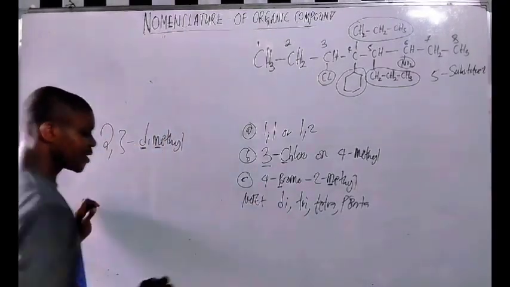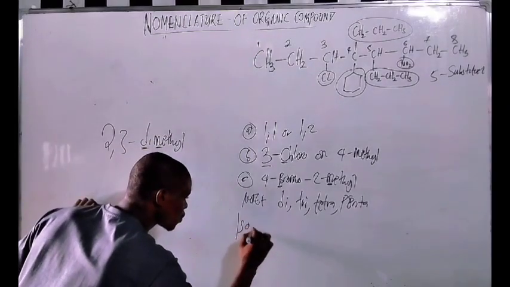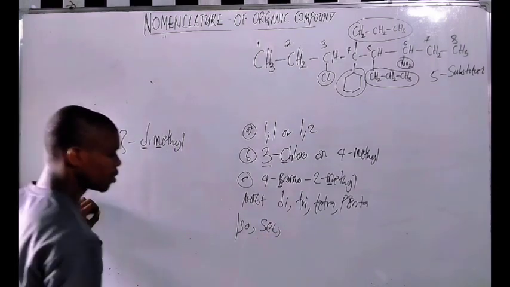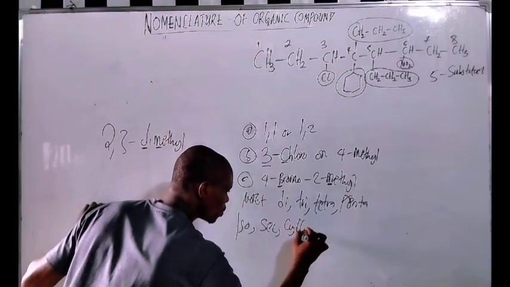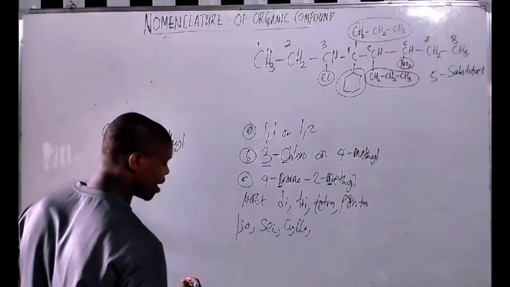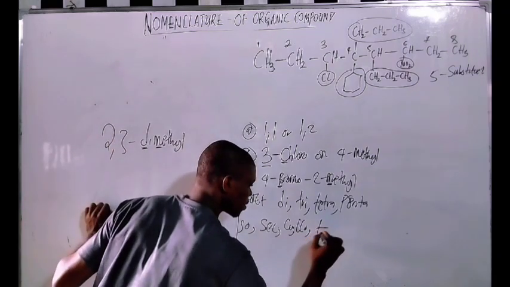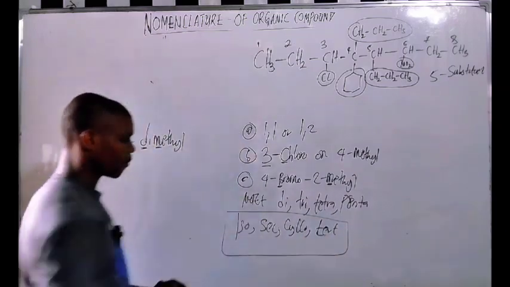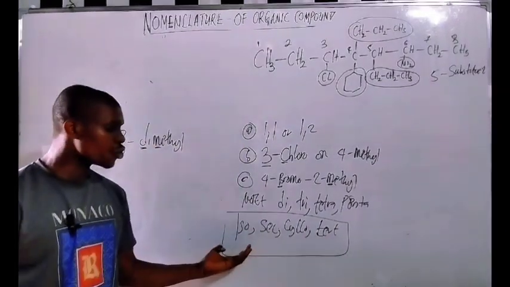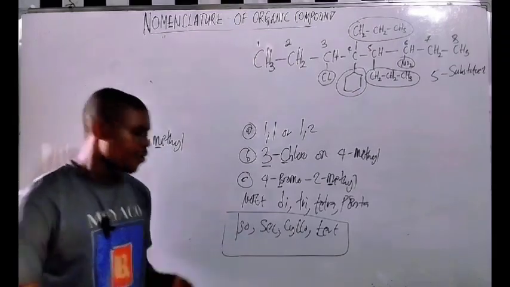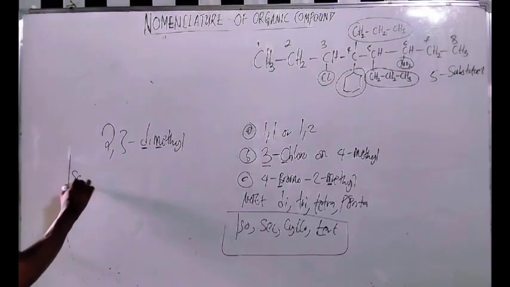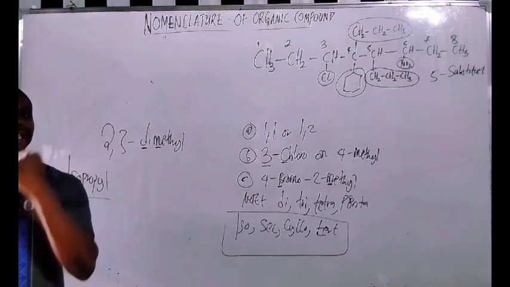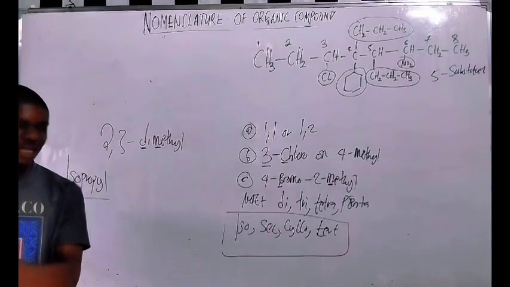But the prefixes iso, sec, cyclo, tert are not ignored in alphabetical order. So you don't ignore these in alphabetical order. For example, here we have isopropyl, which is the name of one of the propyl groups.